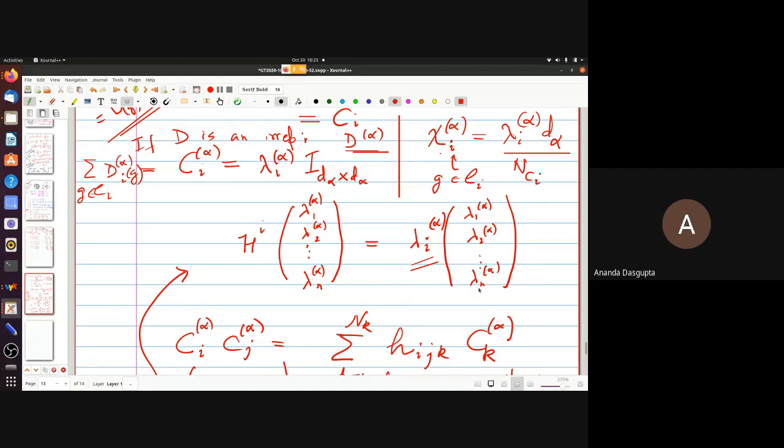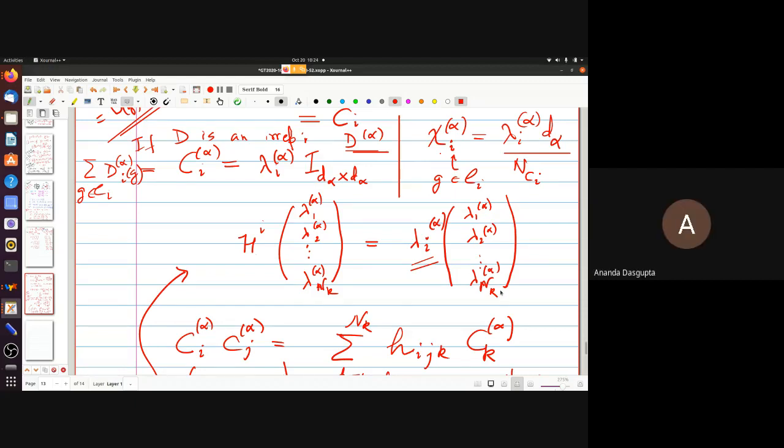Does it depend on I? Of course, it depends on Hi. But does it depend on whether it's H1 or H2 or H3? No, it doesn't, right?